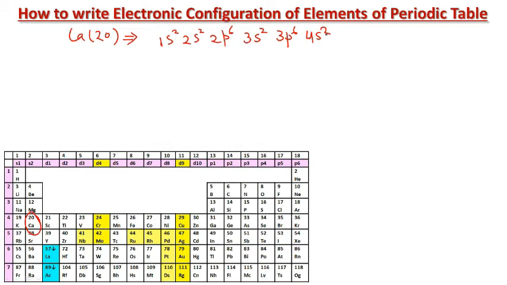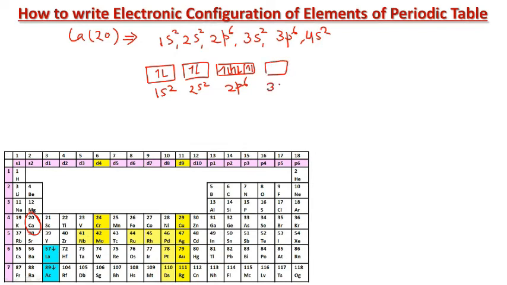Now I just want to show how to fill the electrons in these orbitals. This is 1s2, so 2 electrons are there, 2s2, 2 electrons in this shell, and 2p6, 1, 2, 3, 4, 5, 6 according to Hund's rule of maximum multiplicity.